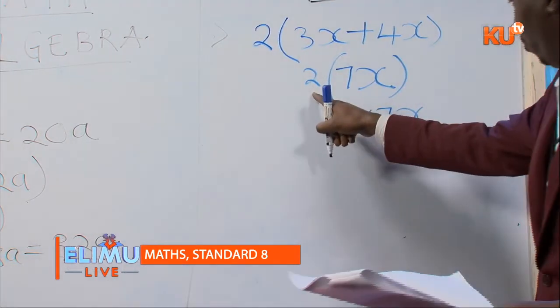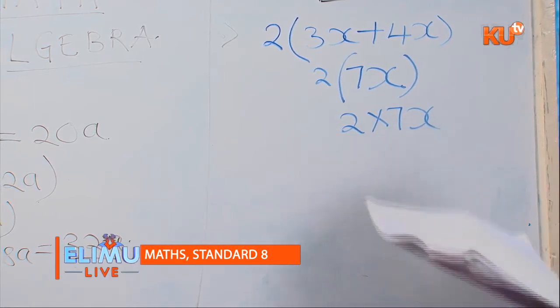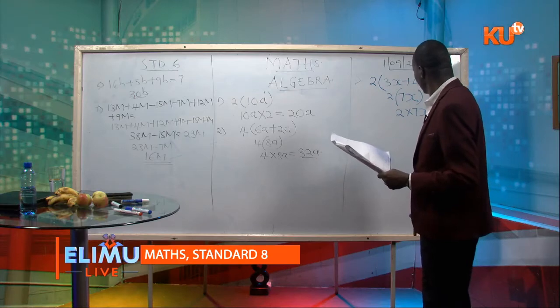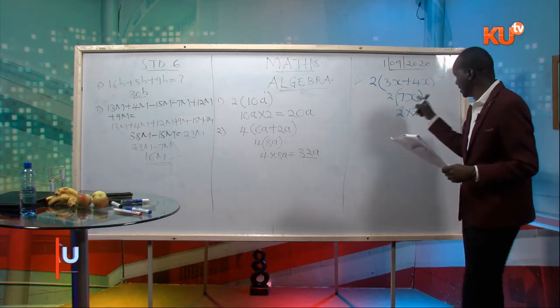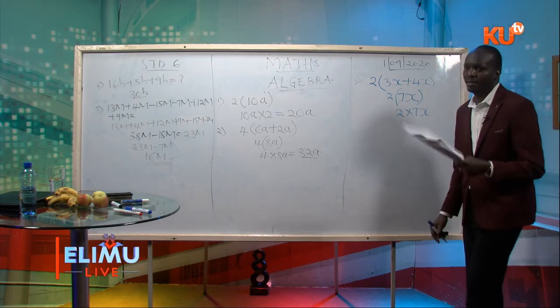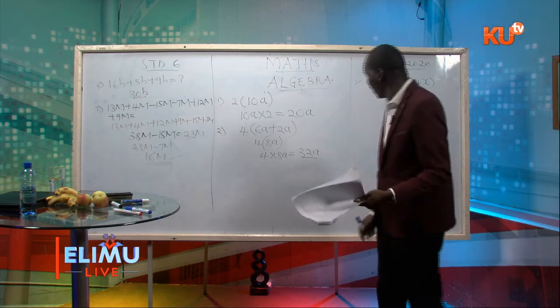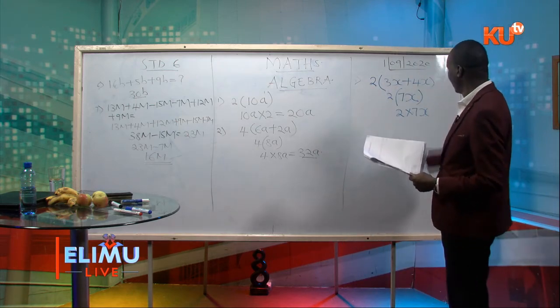In order to work out a sum which has brackets, we multiply what is inside the brackets with what is outside the brackets. That's why I added 3 plus 4 and got 7x.